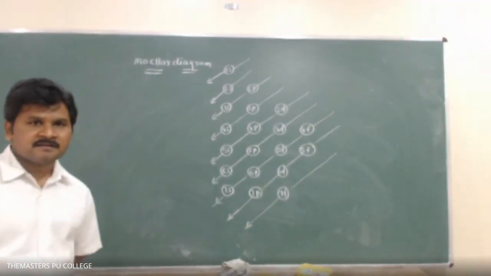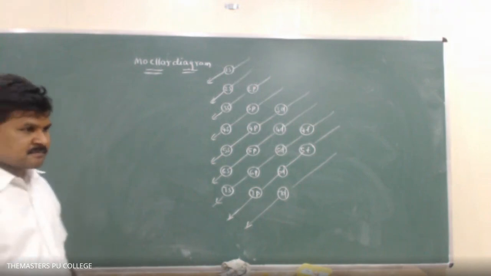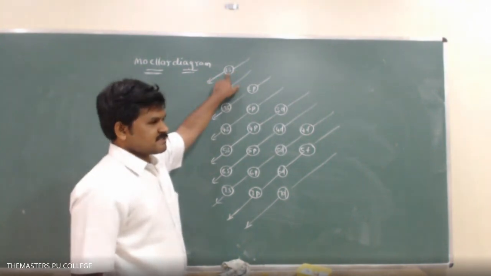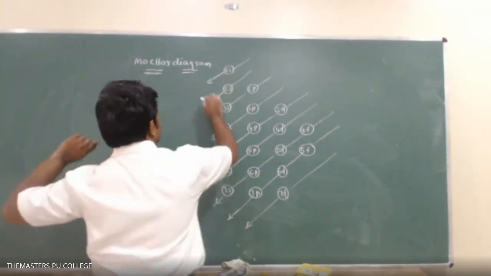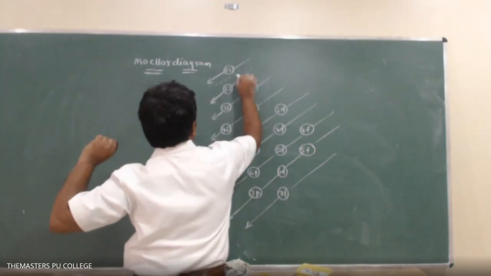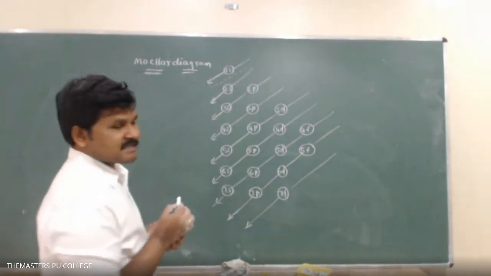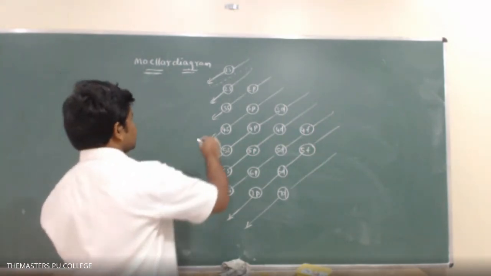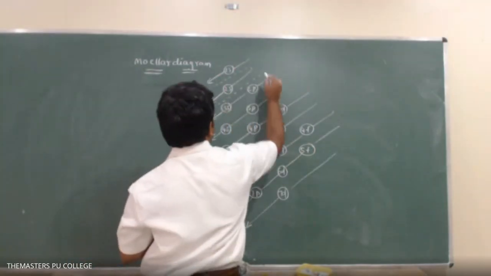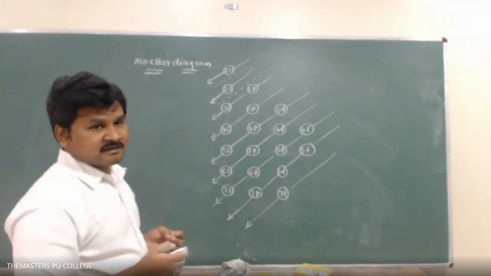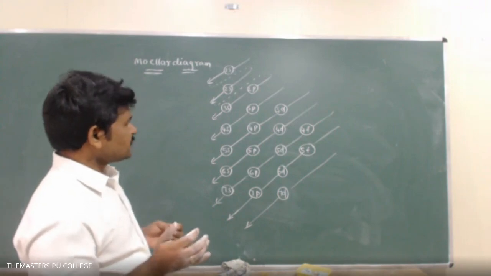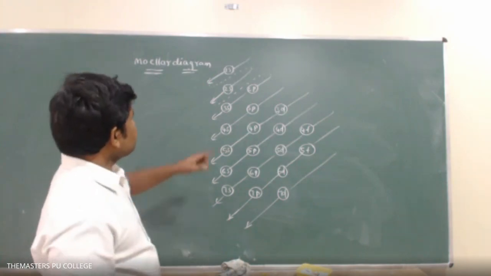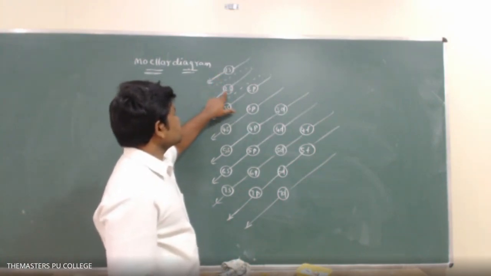This is the diagram. According to this diagram, we have to follow a very simple trick. First the electron enters into 1s, next into 2s.